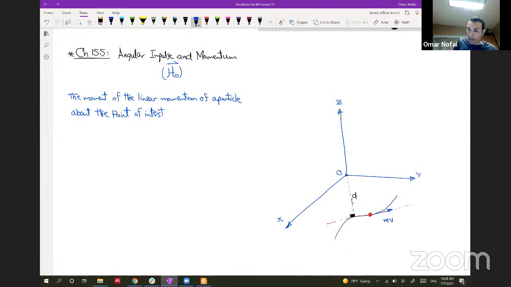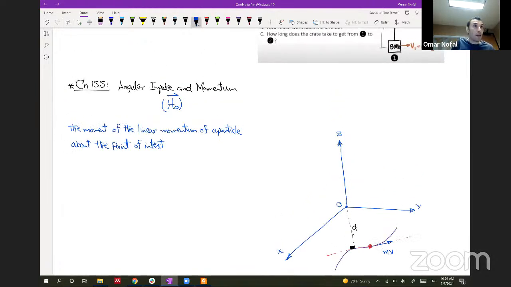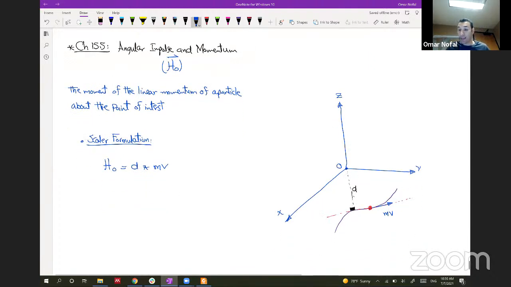So let's get the scalar first. Here's the scalar formulation. The scalar formulation of the angular momentum HO will be equal to d, which is the perpendicular distance to the linear momentum vector, multiplied by mv. So this is how you get the angular momentum out of the linear momentum.